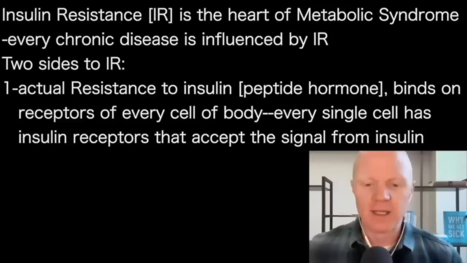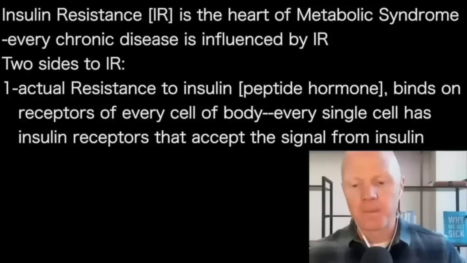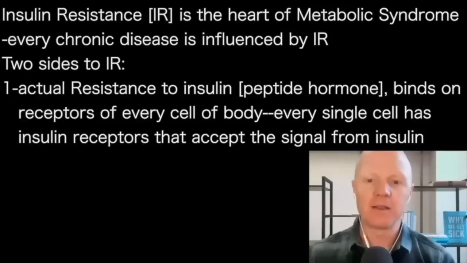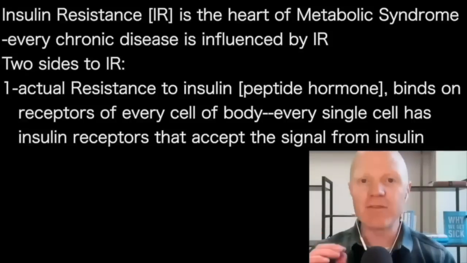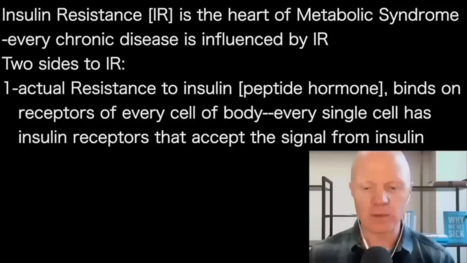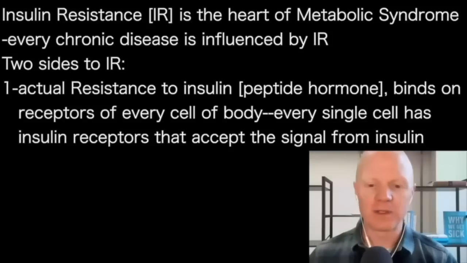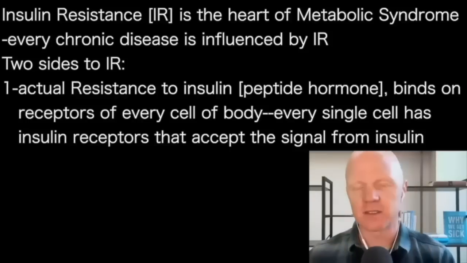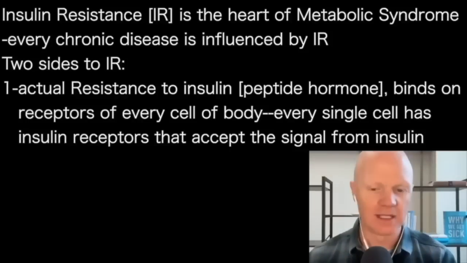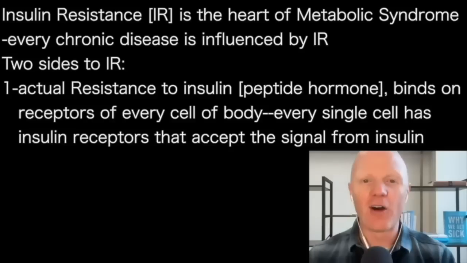You know that. And as it circulates in the blood, it will bind to receptors on every single cell of the body. That's one of the reasons insulin is so unique. As a peptide hormone, every single cell of the body, from brain cells to bone cells, from lung cells to liver cells, and every cell in between, they all have insulin receptors.